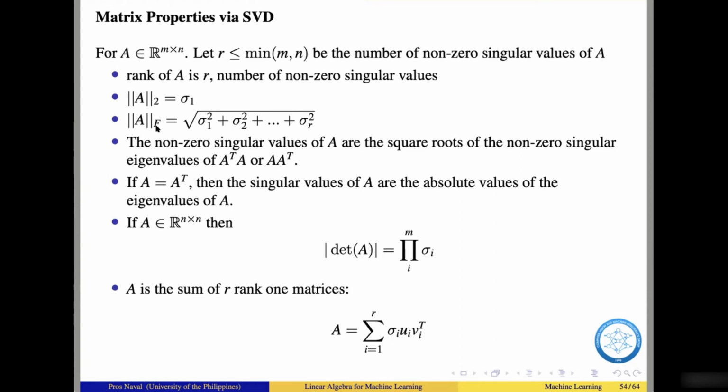The Frobenius norm is equal to the square root of the sum of the squares of the r singular values. The non-zero singular values of A are the square roots of the non-zero eigenvalues of A transpose A or A A transpose.